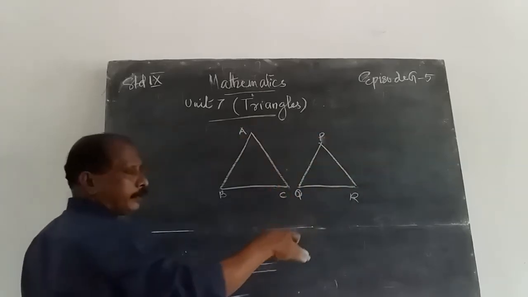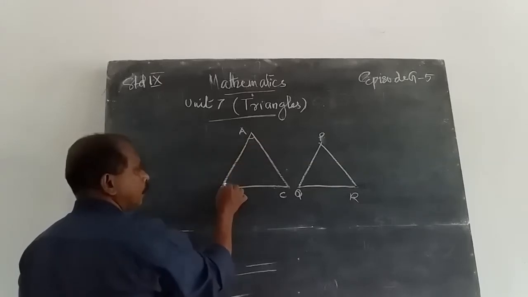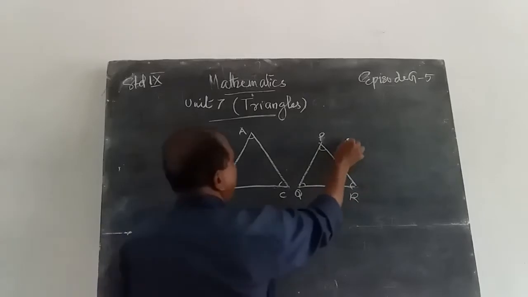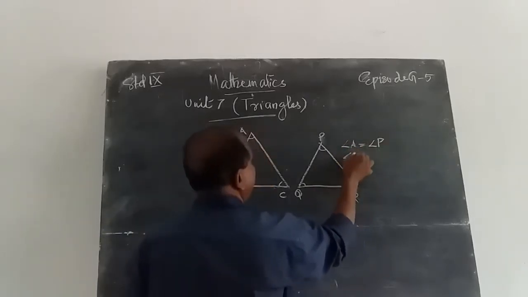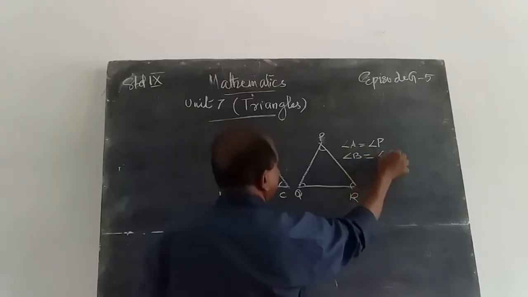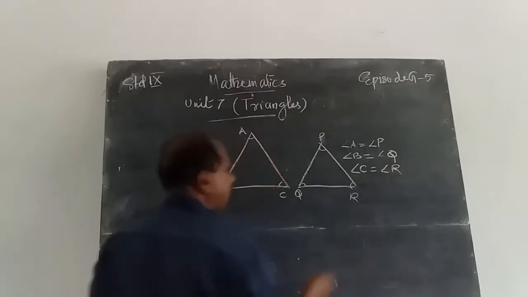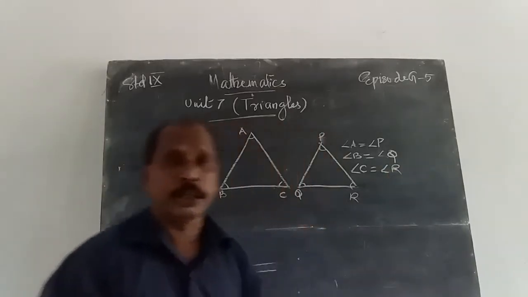That means the angles between these lines are equal. Angle A is equal to angle P, angle B is equal to angle Q, and angle C is equal to angle R. That means there are two triangles whose corresponding angles are equal.